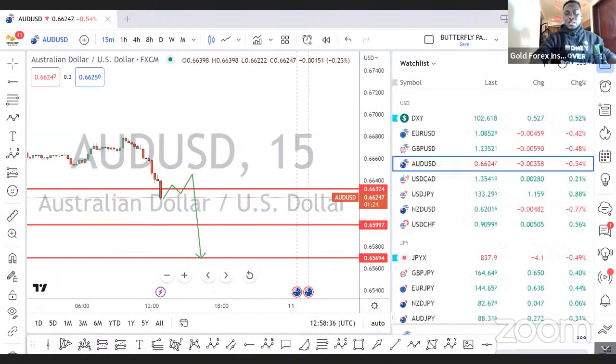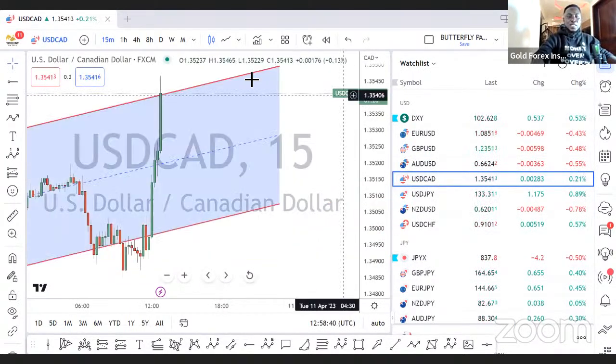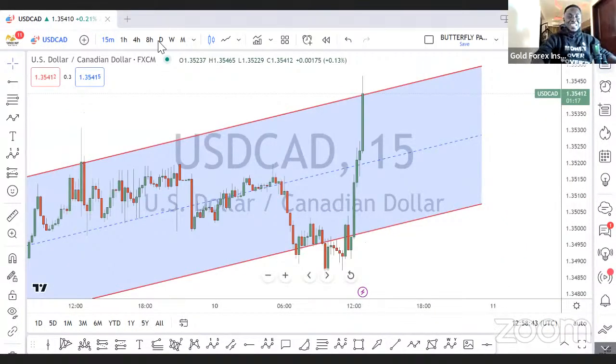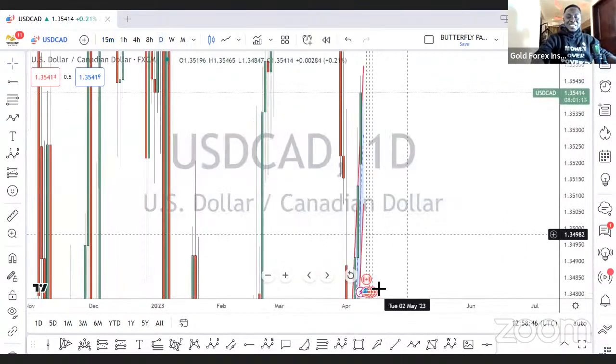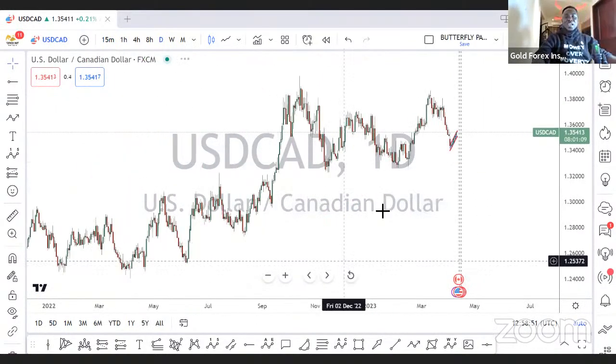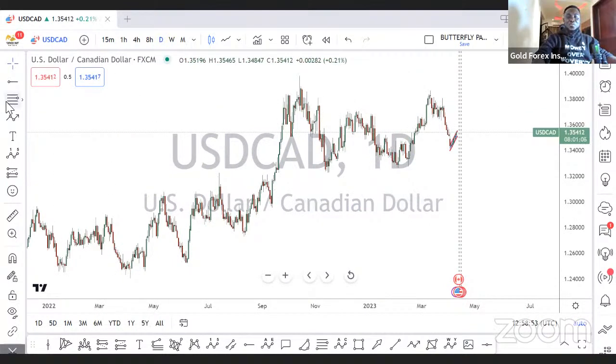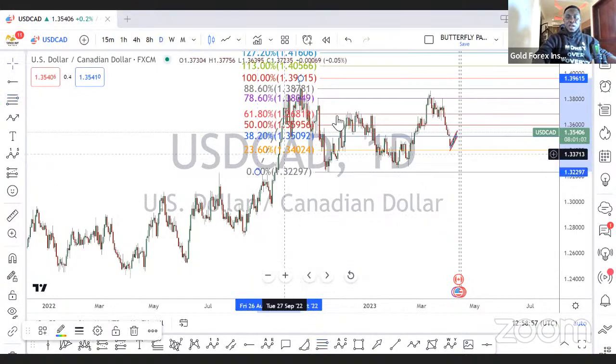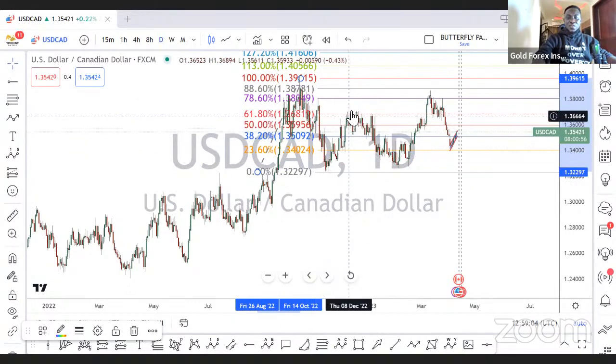Now, let's look at the other pairs. USD CAD, amazing. See, it's so crazy, yeah? What happened with USD CAD was that we had a harmonic pattern over here, and the change of character for the harmonic pattern ended at 61.8.